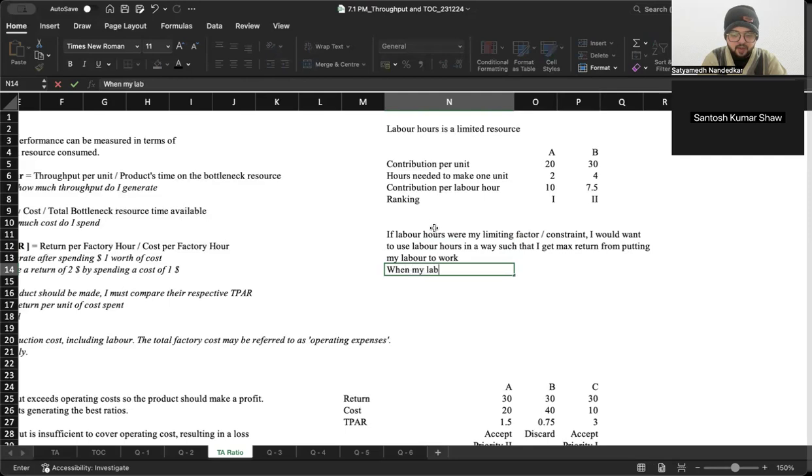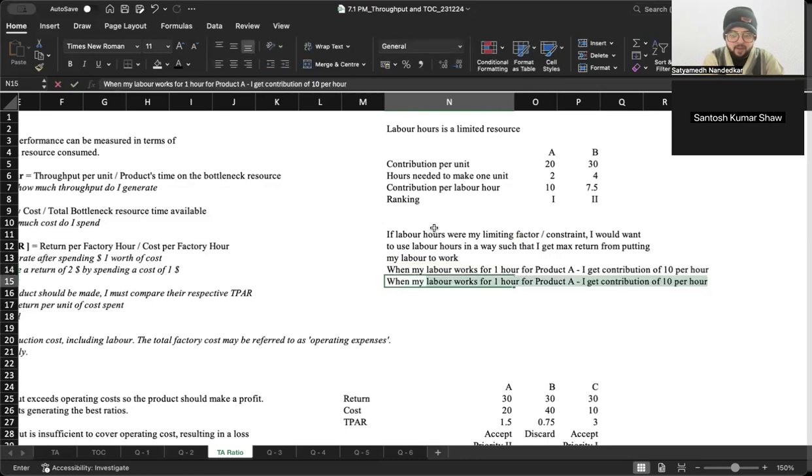Now, when my labor works for 1 hour for product A, I get a contribution of 10 per hour.